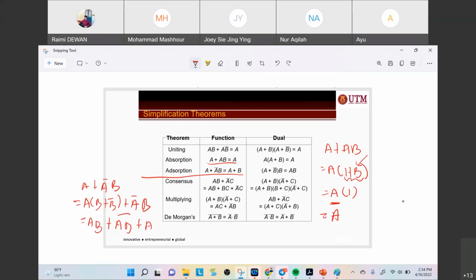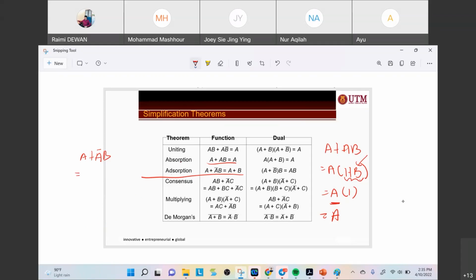Wait, what am I doing here? So absorption here, A plus A bar B. I'm thinking how to make it even simpler.